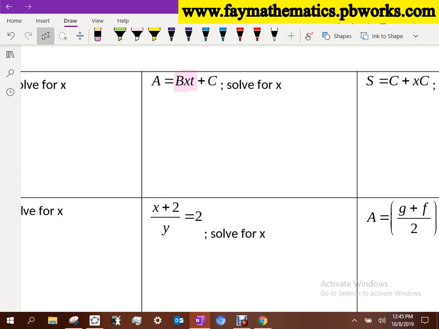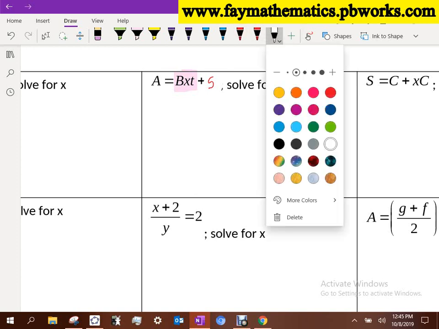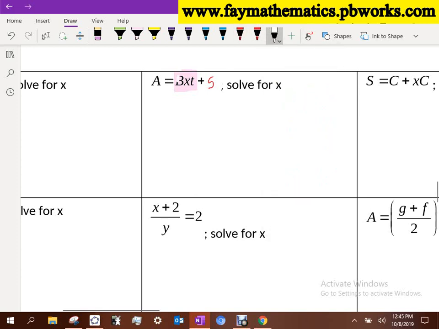So let's say like if the C, instead of being C, was 5. Okay? And let's say if this B, instead of being B, was 3. And let's say if this T was 2. So you'd have 3 times X times 2, right? Would you write that as 6X?